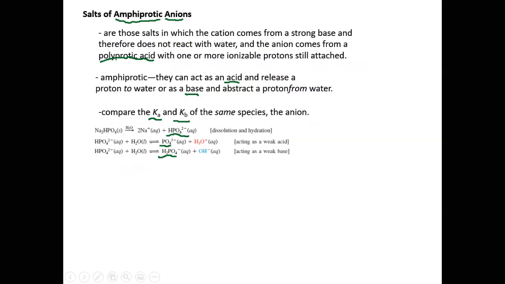Is the Ka of dihydrogen phosphate bigger than the Kb of phosphate? If the Ka is bigger than Kb, it's acidic.